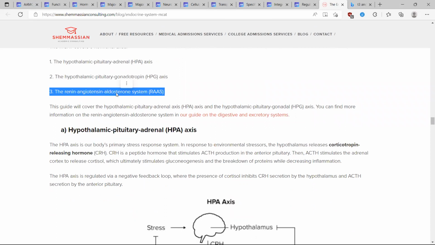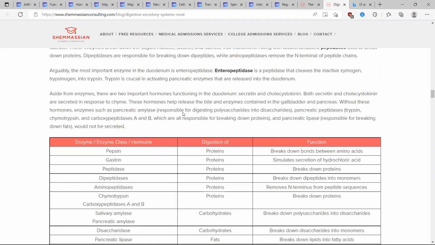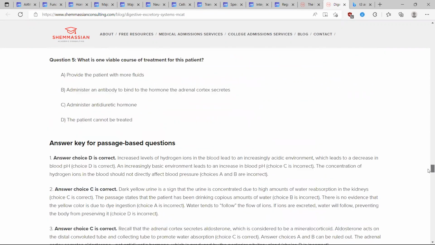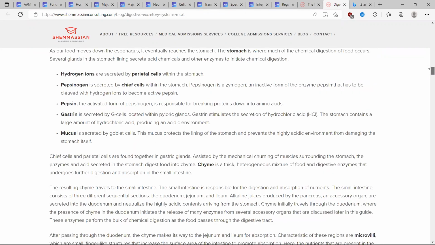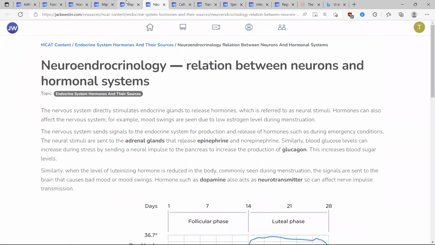Oh, the last one, the renin-angiotensin-aldosterone system. Should we cover this now? This is only going to make sense if we talk about digestion first, though. Let me see if I can explain it or not.